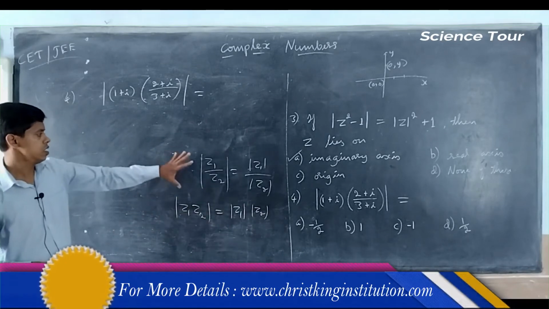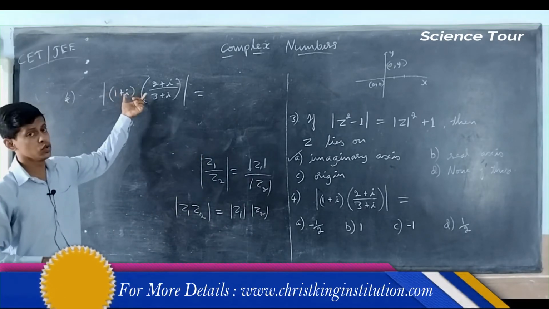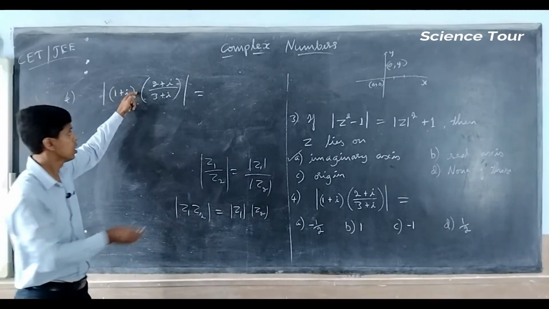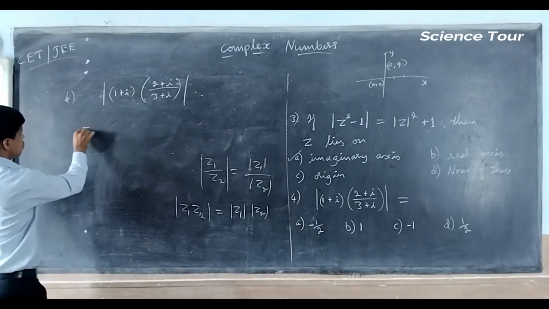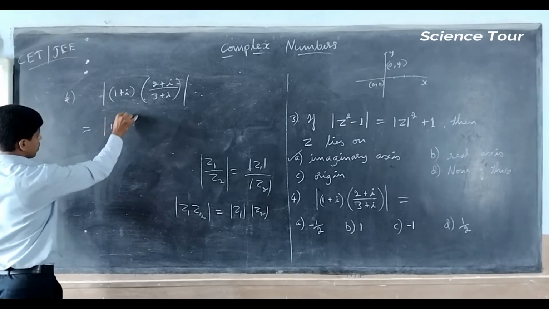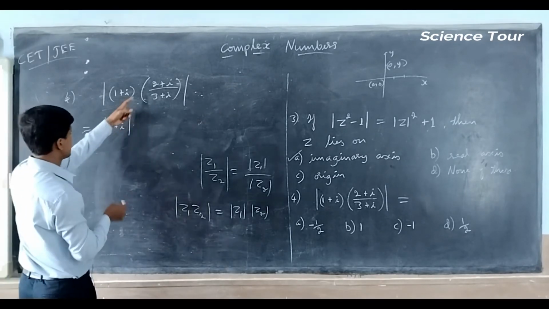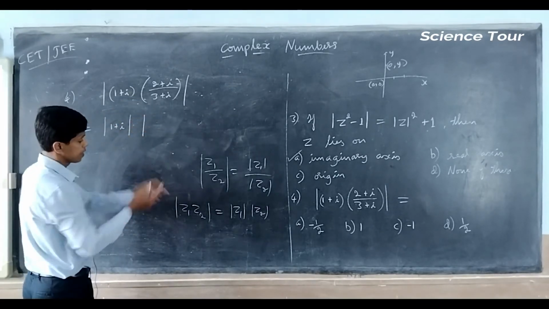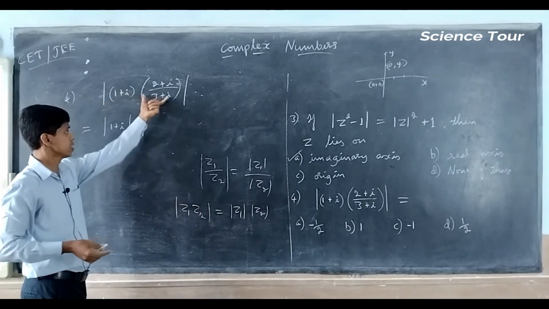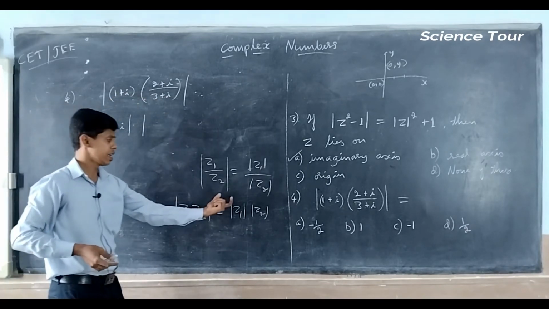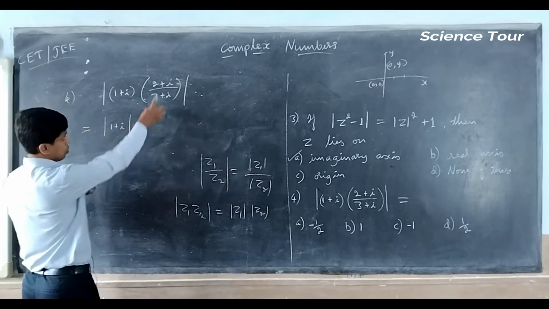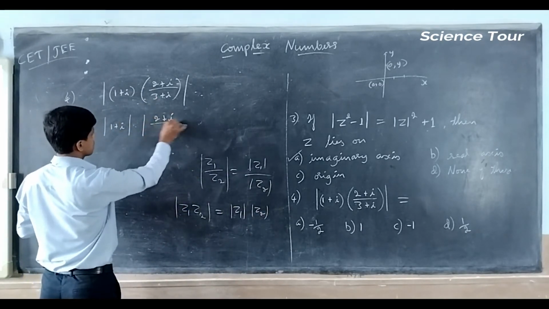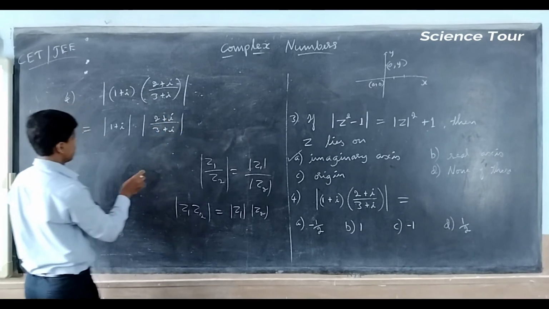So these two formulas can be used here. First you have got multiplication, therefore I can write this is equal to modulus of 1 plus i into, now I can separate it. This is Z1 and this is Z2. So I can write modulus of Z1 into modulus of Z2, so into modulus of 2 plus i divided by 3 plus i.